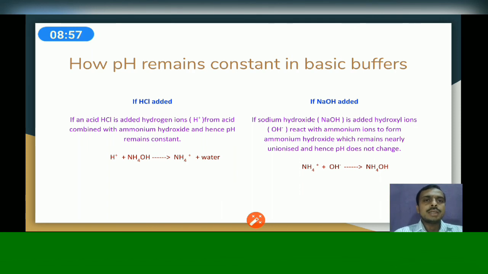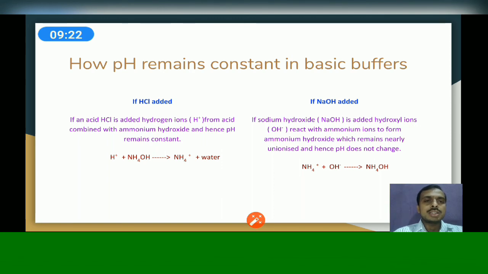If we add HCl, if an acid HCl is added, hydrogen ions from the acid combine with the ammonium hydroxide and hence pH remains constant. Now see this reaction: the ammonium hydroxide will take a proton from the strong acid HCl to form NH4 plus and water.